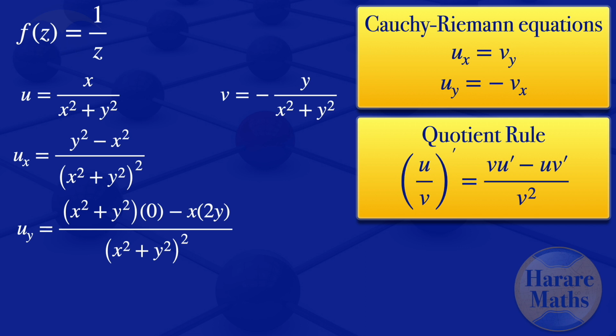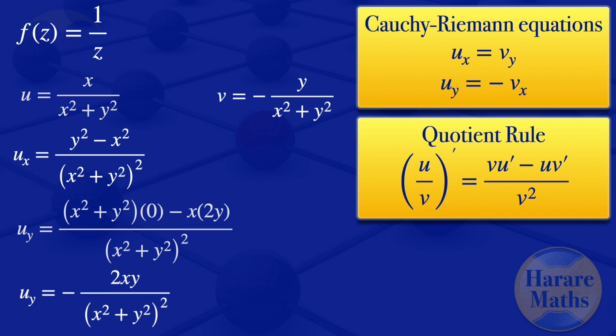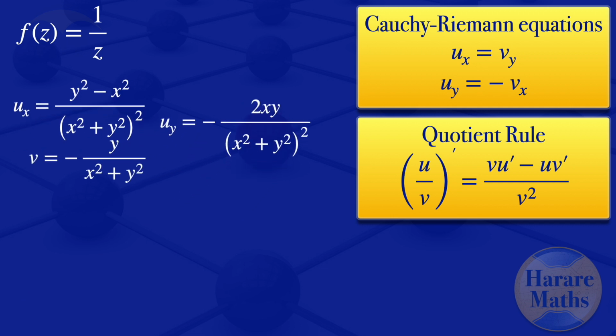And this will simplify to minus 2xy divided by x squared plus y squared, squared. So that's the partial derivative of u with respect to y.